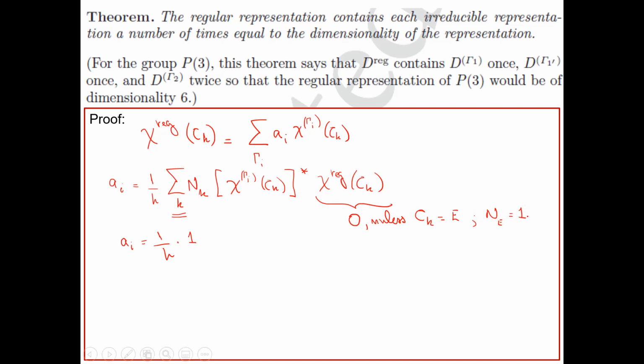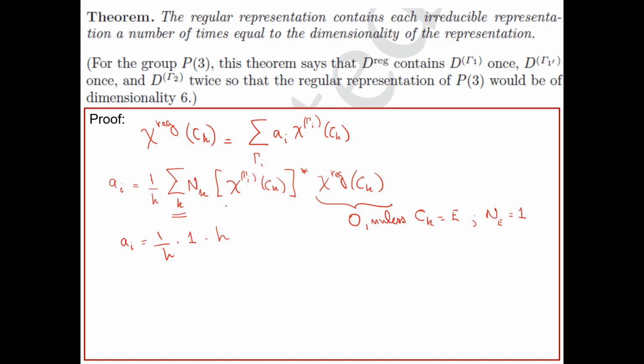The identity is in a class by itself. And so this is equal to h, right? This is the trace of the regular representation. So there's an h here.